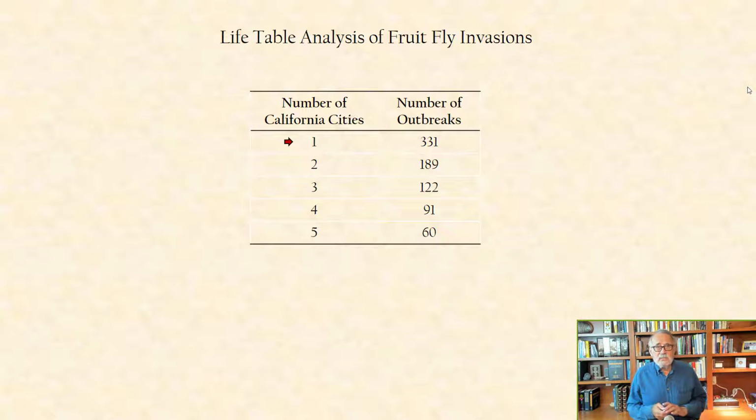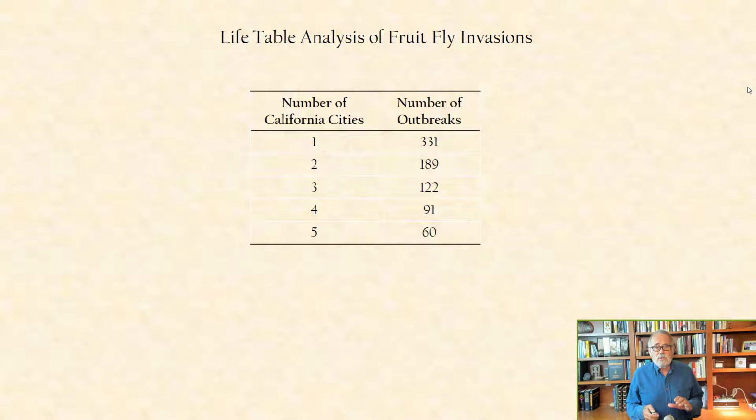Some of these outbreaks were due to invasions of new species, and others were recurrences of previously detected species. Of the 331 cities that were infested between 1950 and 2016, a total of 189, 122, 91, and 60 of the cities experienced 2, 3, 4, and 5 outbreaks, respectively.